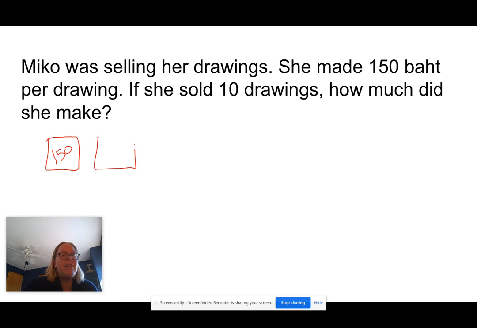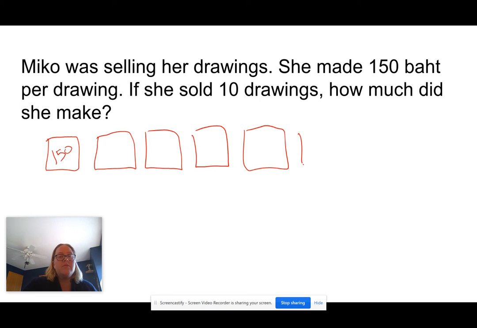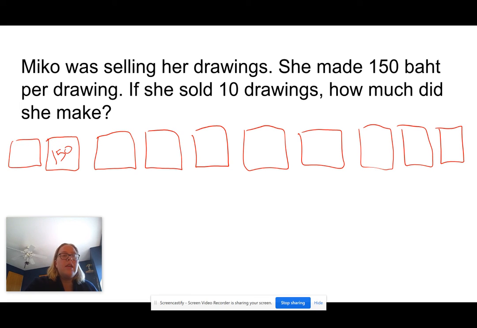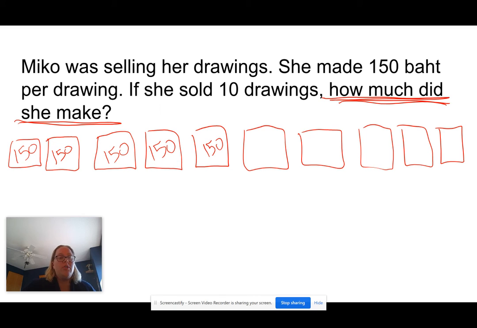She had 10, so I could draw 10 drawings. How much do these each sell for? They each sell for 150, so I could fill in 150 in each of them. I want to find out how much she made. I want to find out the total.